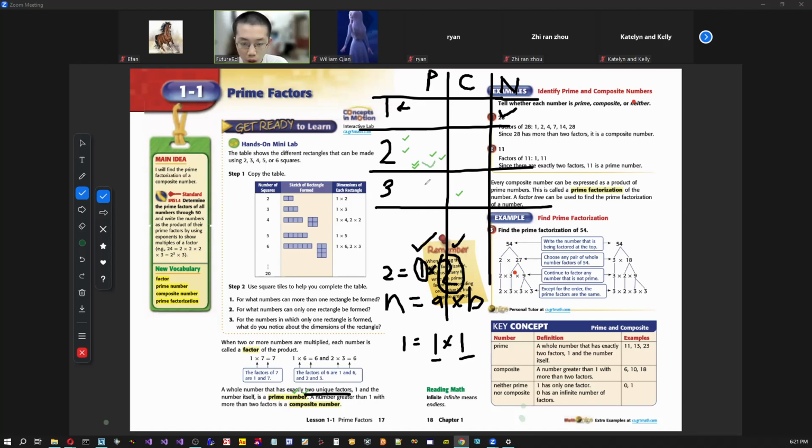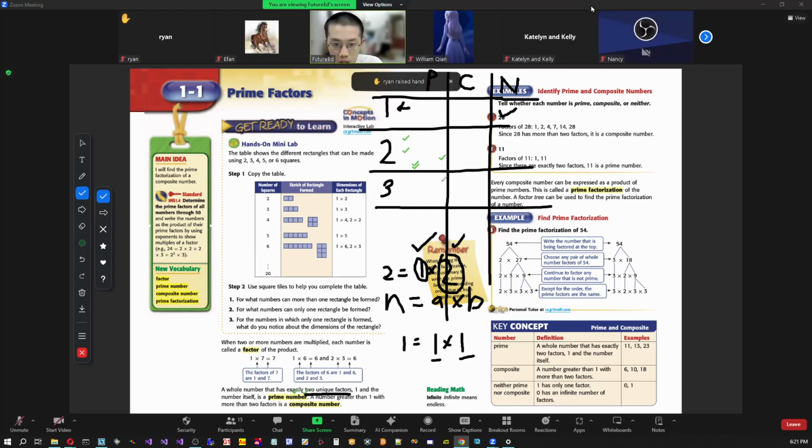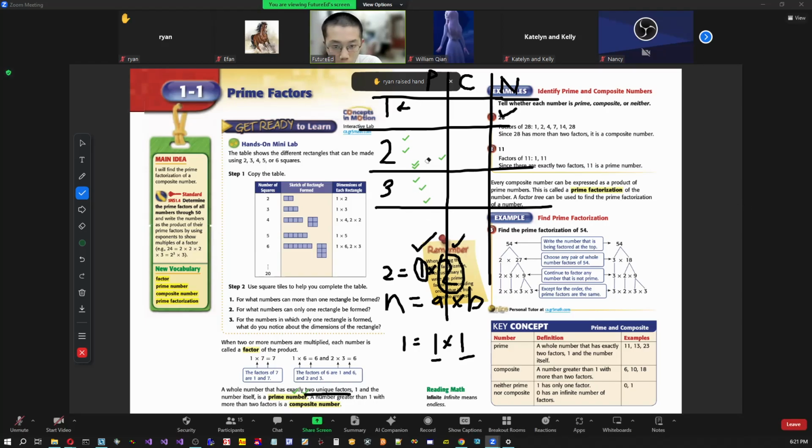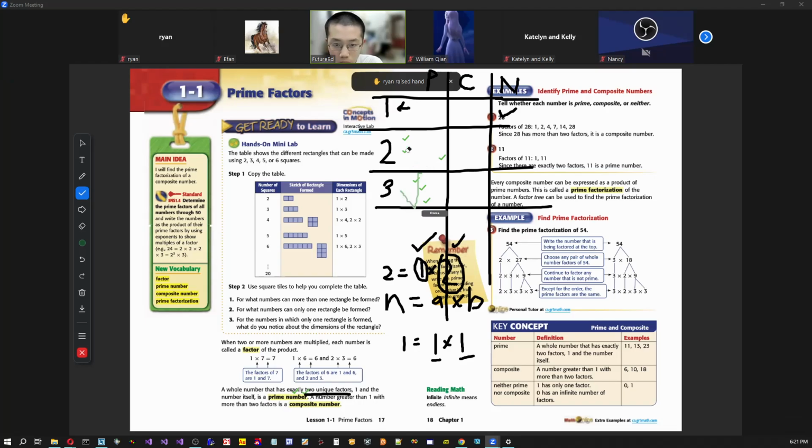What about 3? Is 3 a prime or not prime? I'll clear all the drawings and you guys can start checking. Oops, sorry, I just got rid of some. So yes, I believe everyone is choosing prime again. So why is 3 a prime? Someone other than Ryan, please.